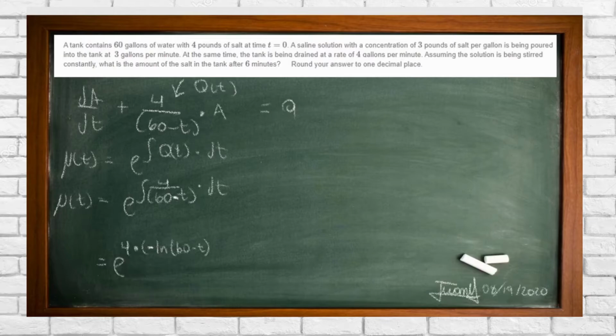All right, so as we were working here, we have mu of t. So let's start again. Mu of t is going to be equal to e to the integral of 4 over 60 minus t, which gives e to the power of -4 natural logarithm of 60 minus t.